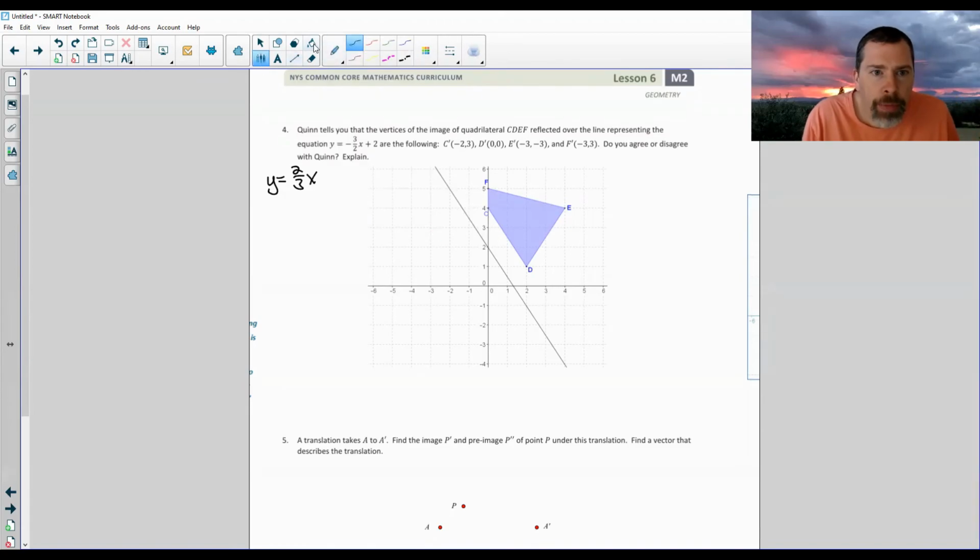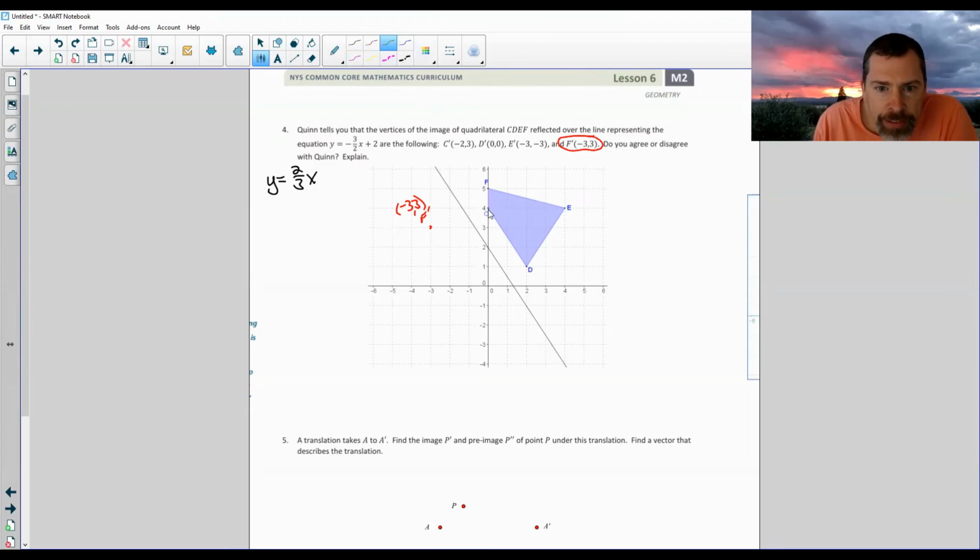Didn't have my pen. Try that again. So from here, go down 1, 2, left 3 would put me right here. So this is F prime, and that is the point (-3, 3). And if I go up here, F prime is (-3, 3). That's okay. We're good there. Now let's check the next one.